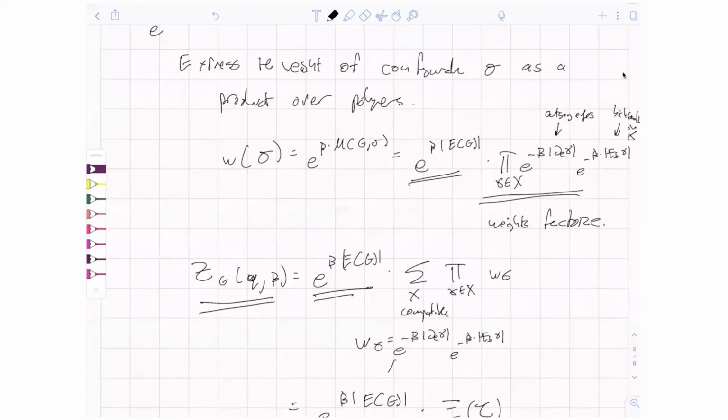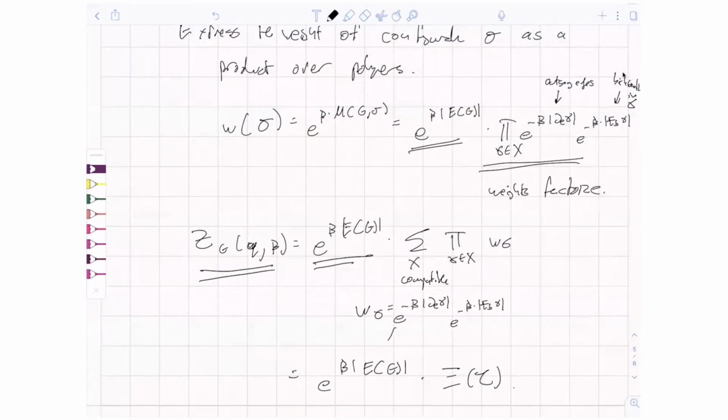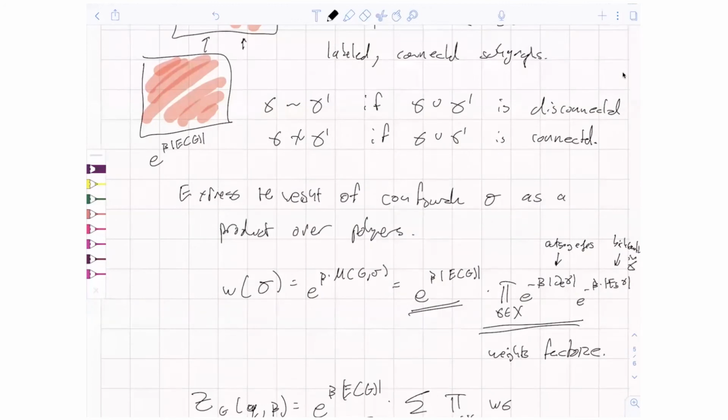Now, there's one problem with what we just did. We wanted to capture the deviations from the all red ground state. But what you'll see is that we actually accounted for all the configurations of the model, including configurations where it's blue dominated. If you have a blue dominated configuration, you would just have one massive polymer, right?